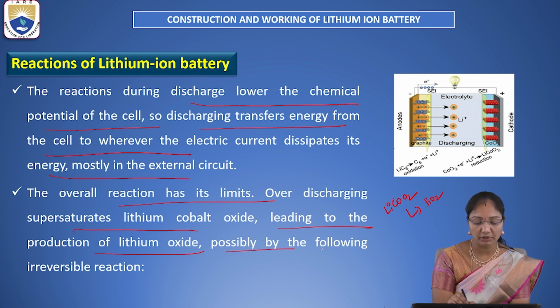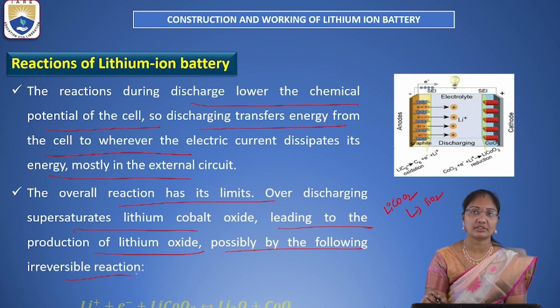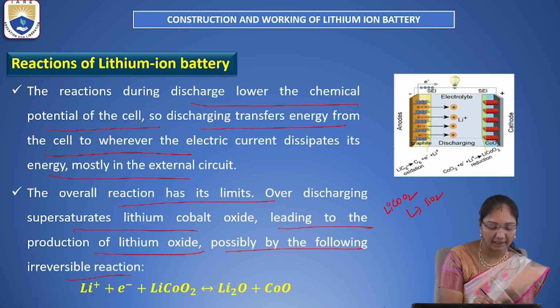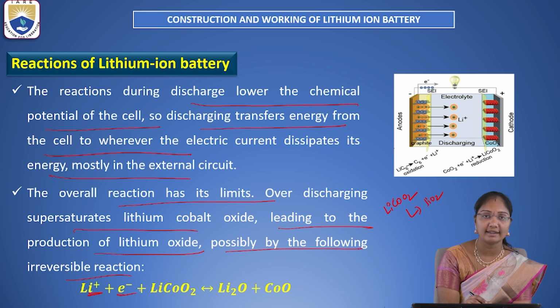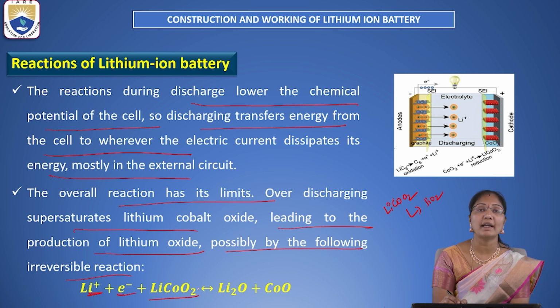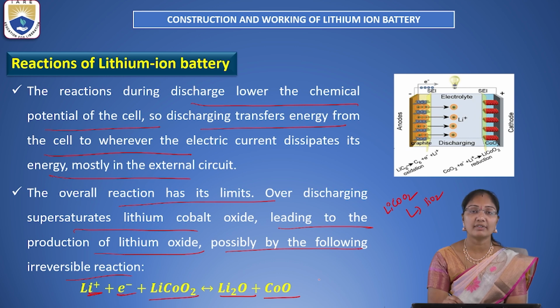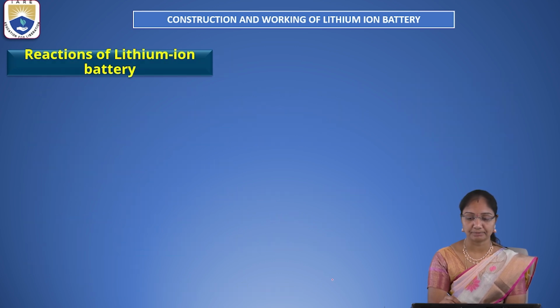This is possible by the following irreversible reaction. The lithium plus and electron produced at the anode combine with the lithium cobalt dioxide, LiCoO2, which gives rise to Li2O and cobalt oxide. So this irreversible reaction is going to happen.